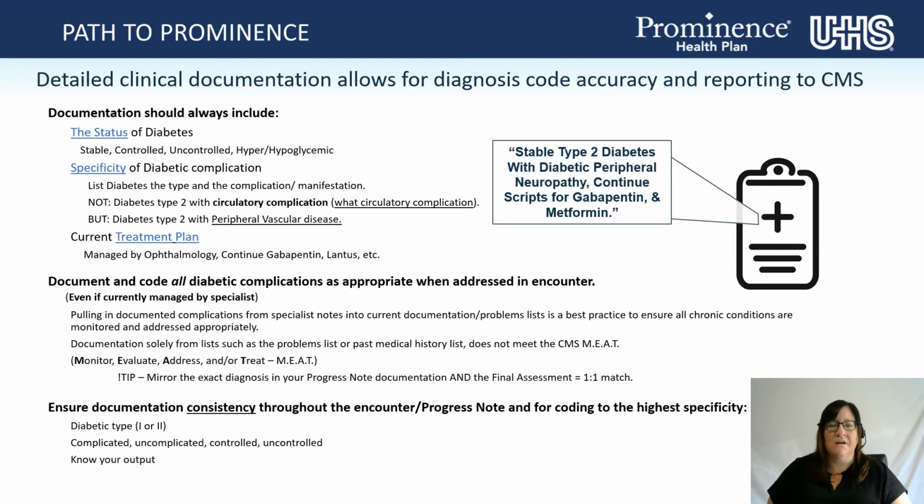And then ensure that your complications or your manifestations are listed, or if it's uncontrolled, then specify what is uncontrolled. And then know your progress note output. Again, there are certain things within progress note templates from an informatics perspective that may be bringing information into your progress note that you're not aware of. So be sure to go ahead and look at your progress note output.